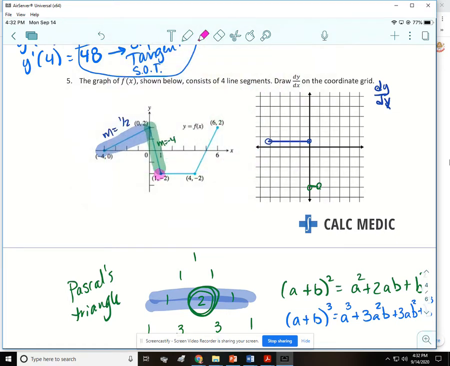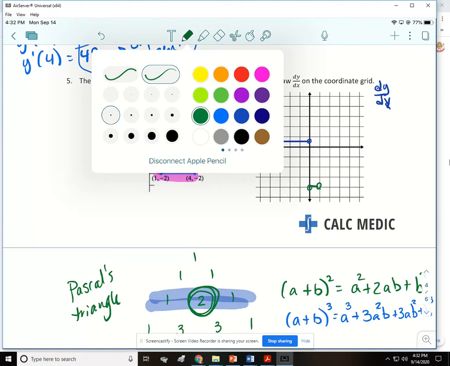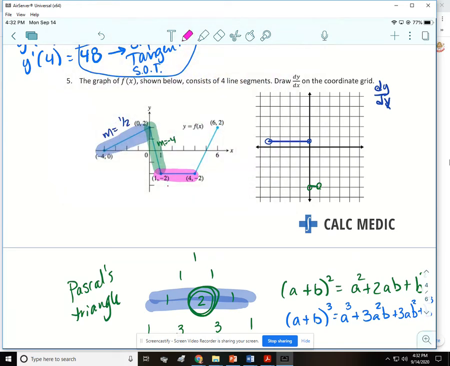Okay, then this section right here, what's the slope of a horizontal line? It is 0. So between 1 and 4, I'm going to have a little horizontal line at 0 because that's what the slope is there.